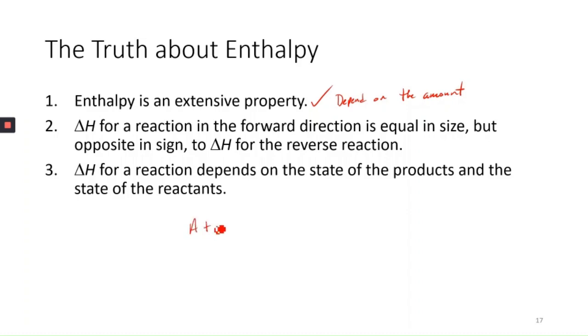So say I have A plus B yields C plus 10 kilojoules. So in this case, my delta H is negative 10 kilojoules. If I write the reverse reaction, my delta H here is a positive 10 kilojoules.